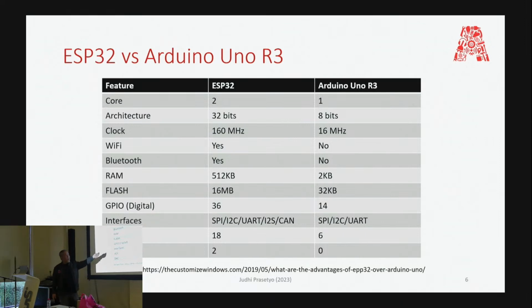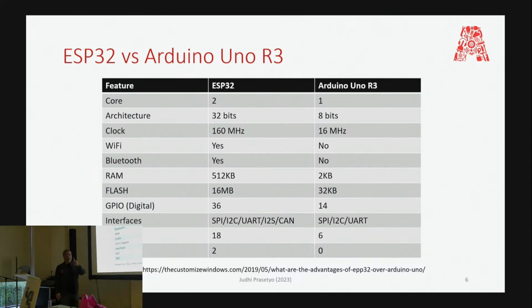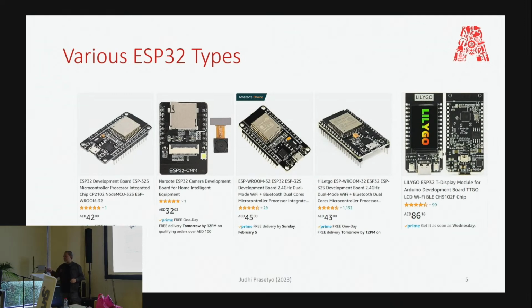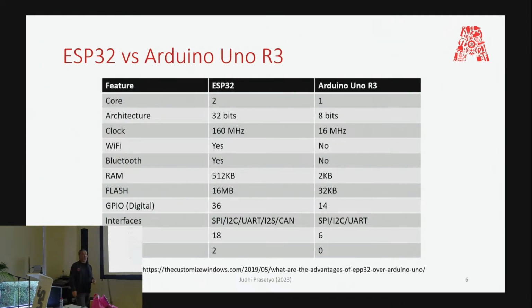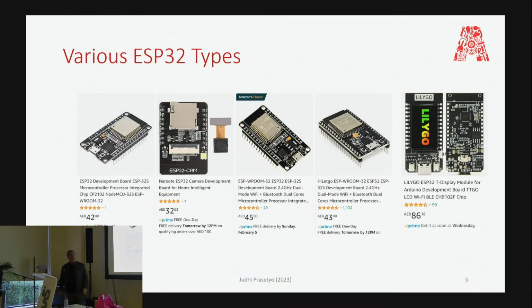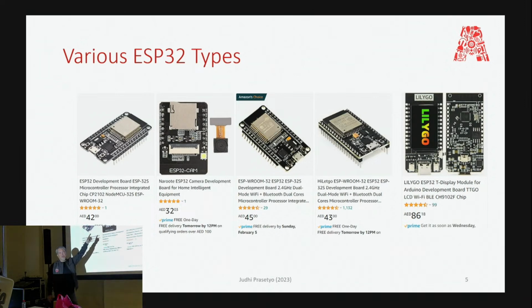GPIO, the digital pins: it has more, 36 versus Arduino's 14. However, again, it depends on which model you are using. Not all of these 36 are always available for you, depending on the board. For example, the ESP32 camera here has fewer available pins for you to use.